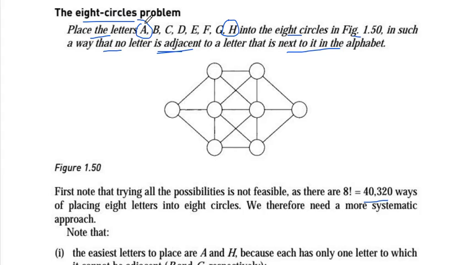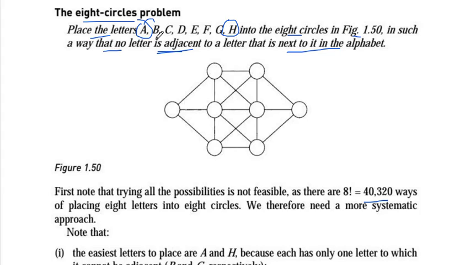Because A is adjacent to only one letter, while the other letters are connected with both front and back. C is connected with B and D also. So our easiest letters will be A and H, and our difficult letters will be in the middle, which are connected with both.